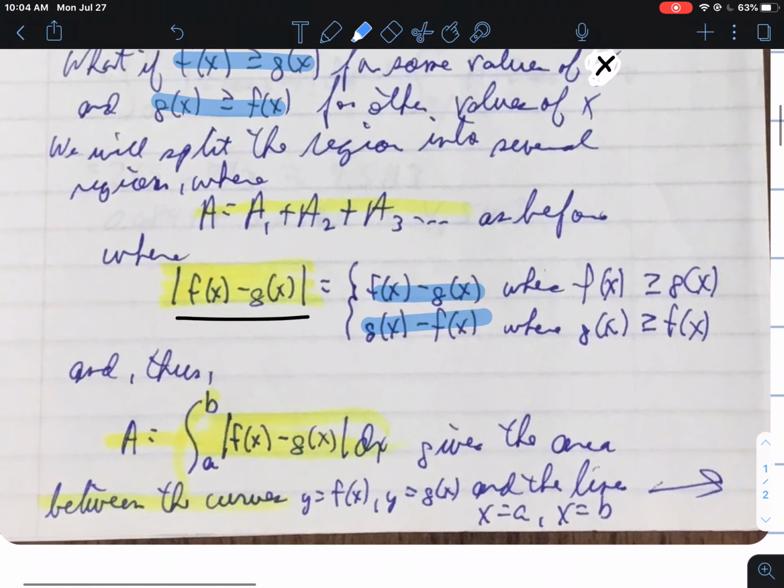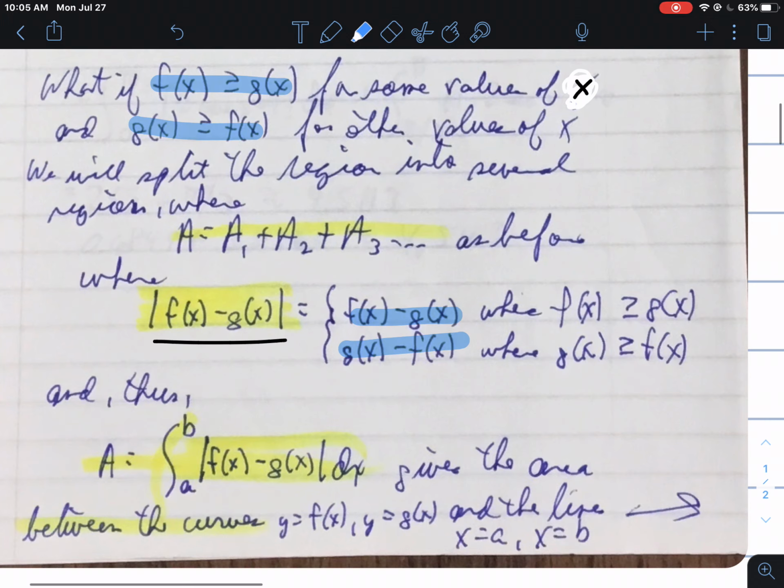So the integral from a to b of the absolute value of f of x minus g of x dx gives us the area between the curves y equals f of x, y equals g of x, and the lines x equals a and x equals b, those limits of integration. But again, this will always be a positive value because we're taking into consideration where the orientation of the two functions changes. Okay.